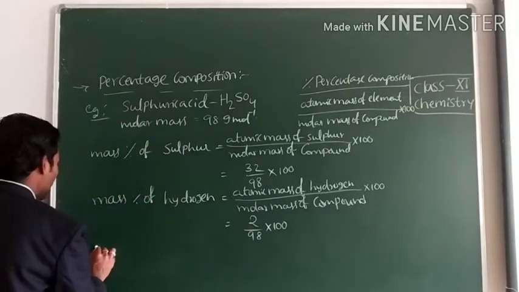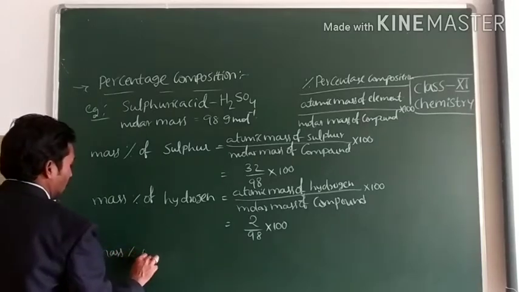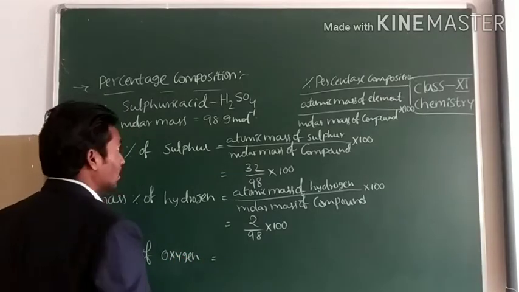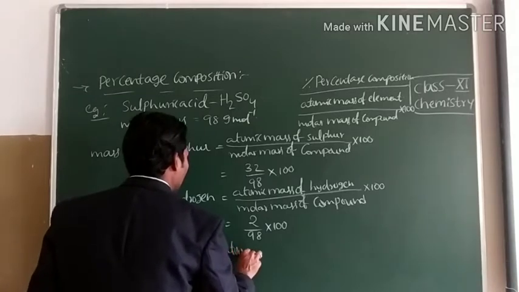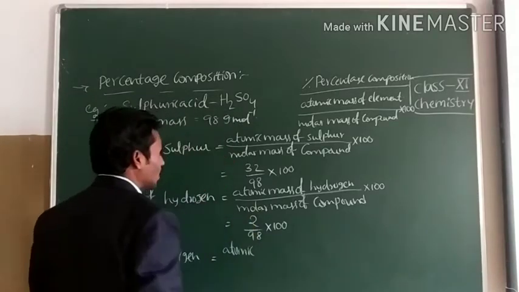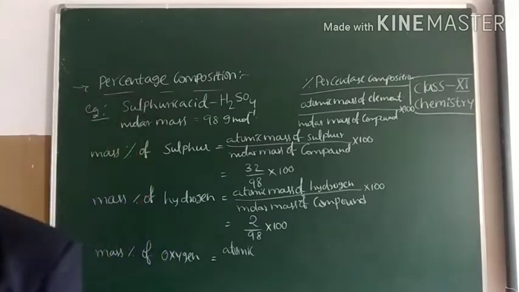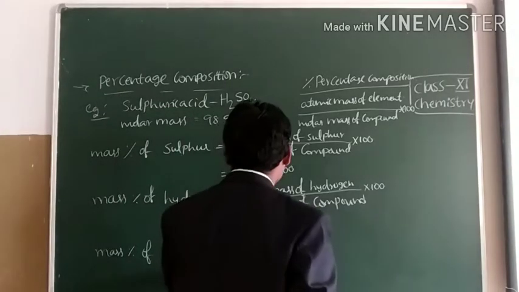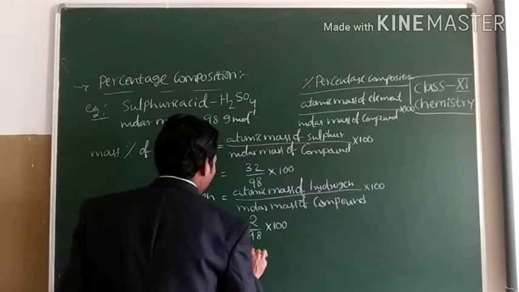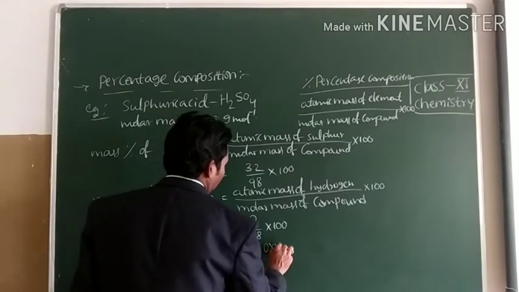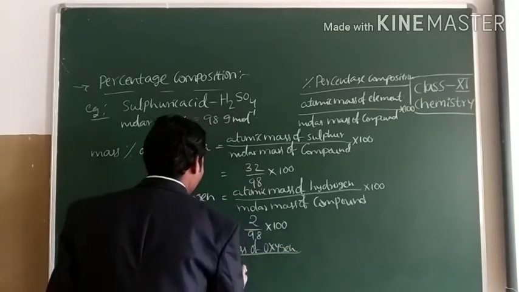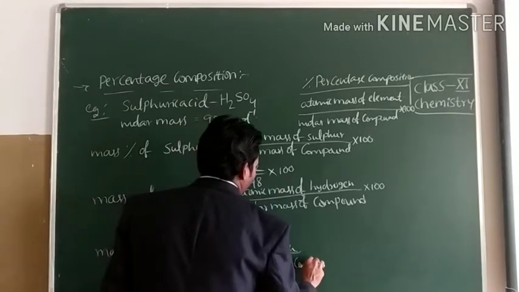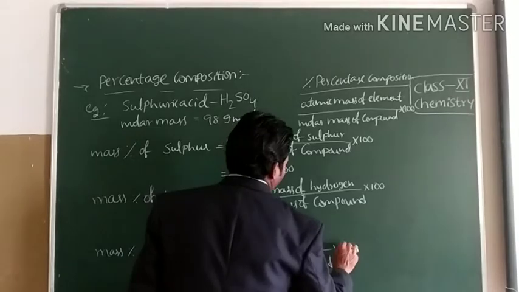Next, the mass percentage of oxygen is equal to the mass of oxygen by the molar mass of the compound, into 100.